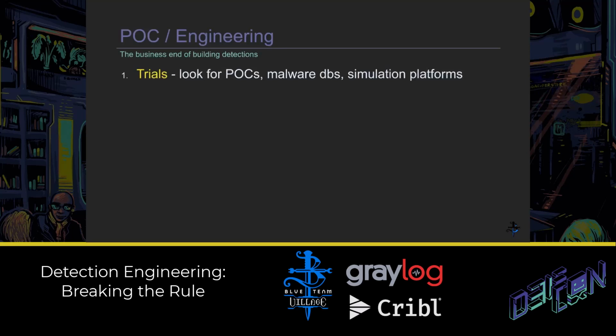Look for POCs. There are malware databases available. Look at those. There are simulation platforms available. There are places like VirusTotal or Any.Run, or Malware Bazaar. They have a lot of malware being reported.